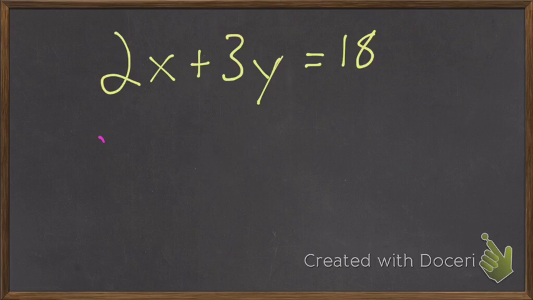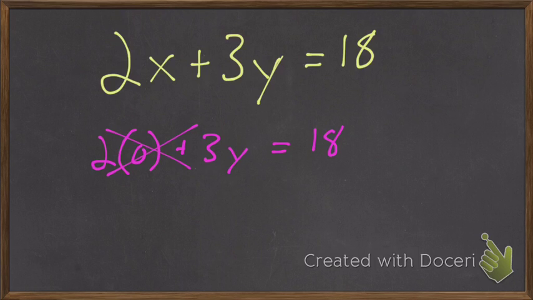All I have to do is say, well, that'll make x 0. All I got to do is solve for y. What's 2 times 0? 0. It's gone. So what does y equal? 6.